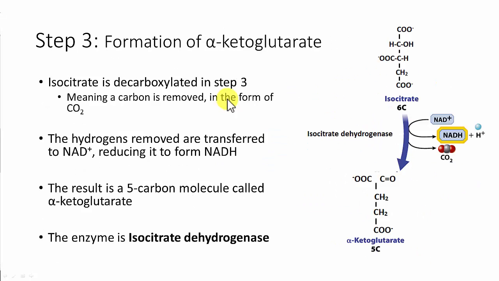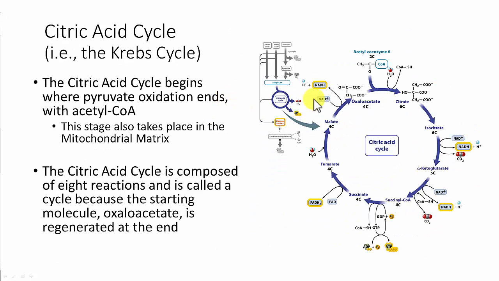Going back here, per acetyl coenzyme A that enters, we generate 1, 2, 3 NADH. Since we have 2 per glucose, we multiply that by 2. So we get 2, 4, and 6 NADH. Looking at our CO2, we get 1, 2 CO2, double that to make 4.